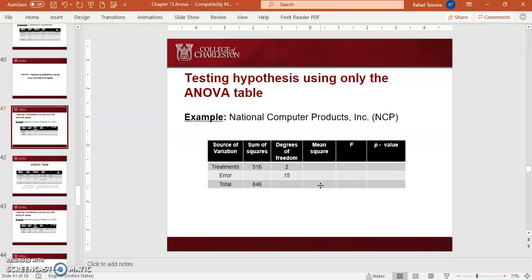what you have to do is fill out this table. And let me copy this table very quickly while I have it here. Source of variation.